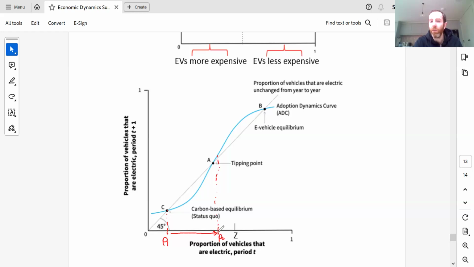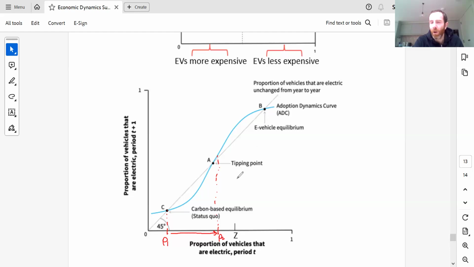But one thing which is interesting about the way that we model this is you can see that the tipping point is at a proportion that is below Z. It's below the break-even point. So what we're trying to put across with that idea is that even if the cost of operating an electric car was still more than the cost of operating a petrol car, we would still be able to get to the higher equilibrium.